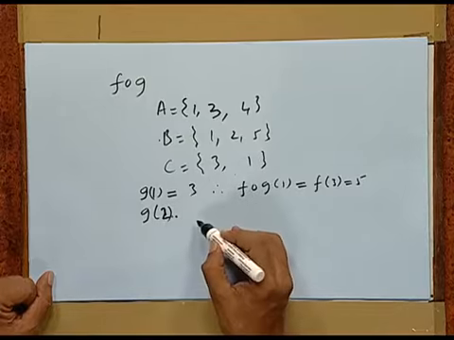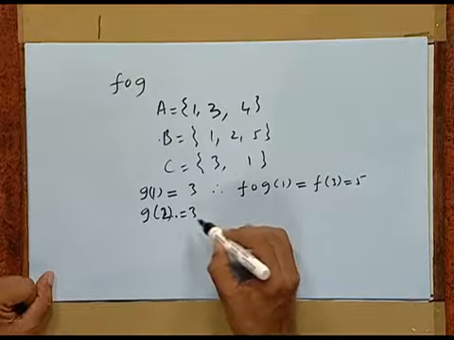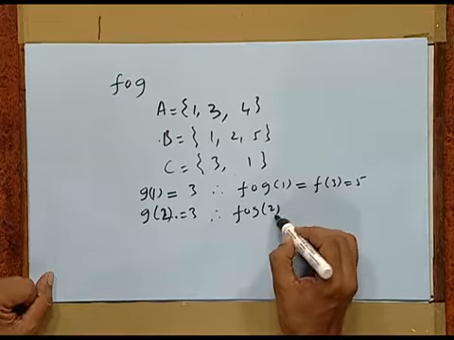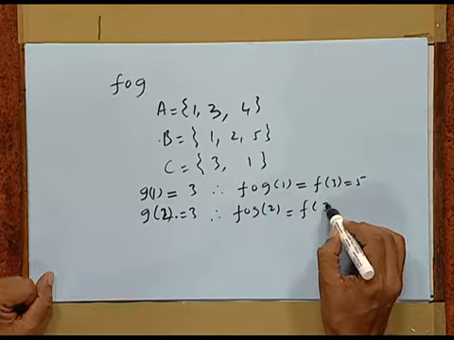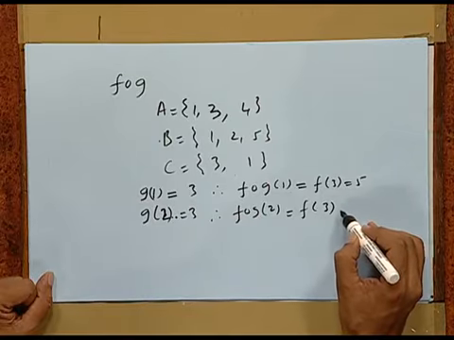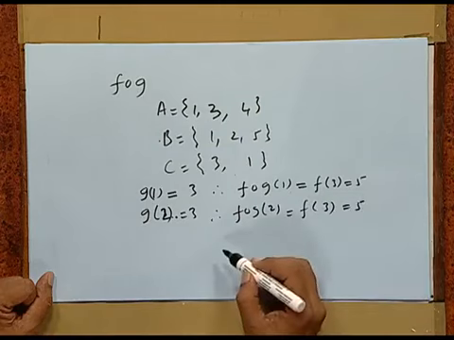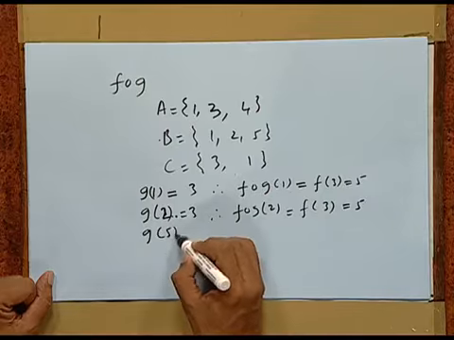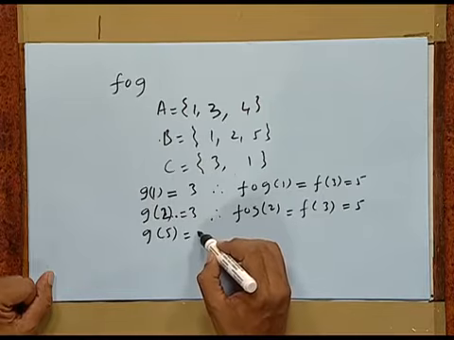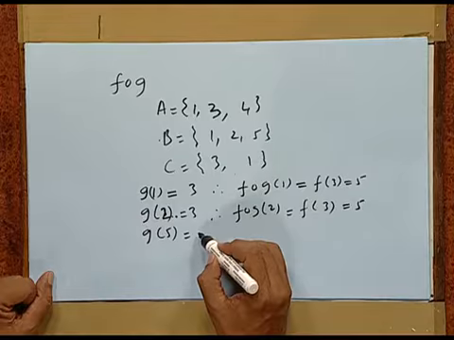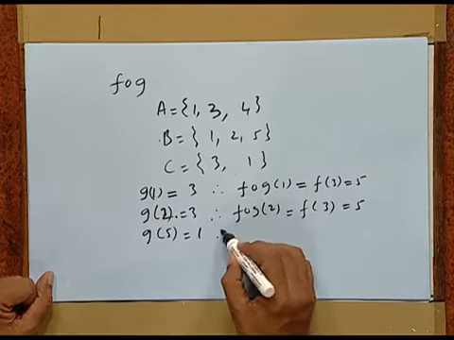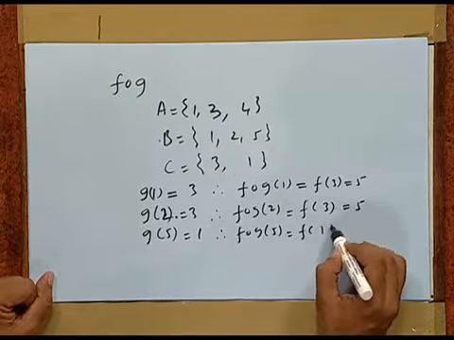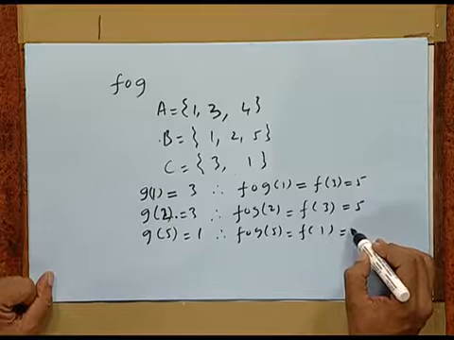So G of 2 is 3. Hence FOG of 2 will be f of 3. F of 3 is simply 5. Then we go for G of 5. That is, G of 5 is 1. F of G of 5 is f of 1 and f of 1 is 2.